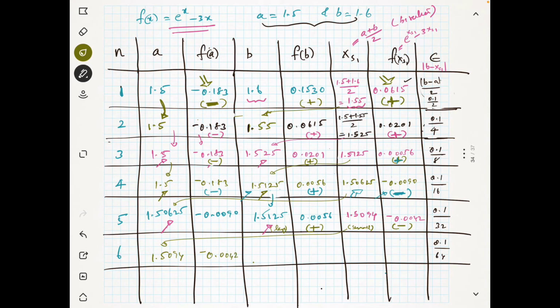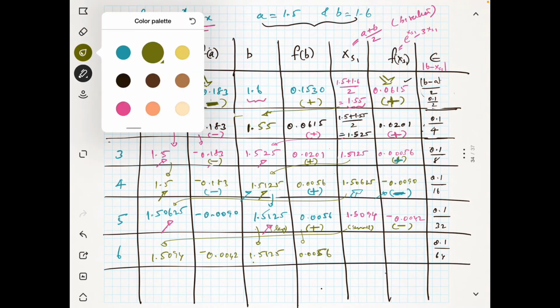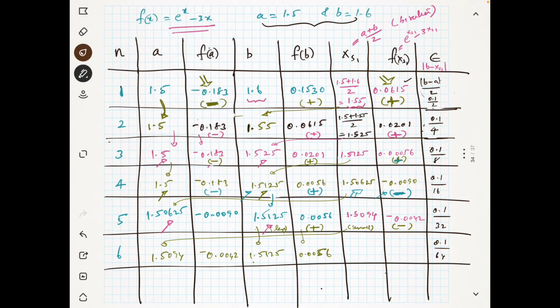And then I will write my b. So b is the same, 1.5125, and this is the same, 0.0056. Then I can calculate my new value for my x's.